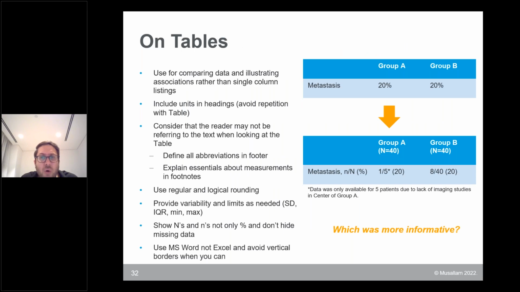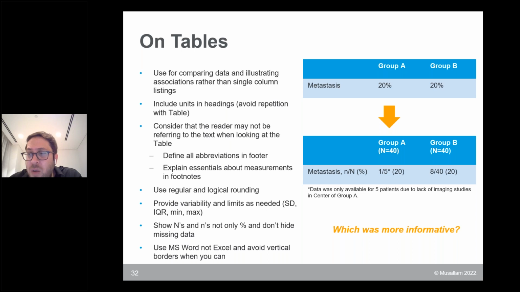Again, try to always, for tables, use them for comparing data, and try to always be inclusive. Like you look at the example of the tables up and down, where if you just say metastasis 20% versus 20%, it probably means nothing.